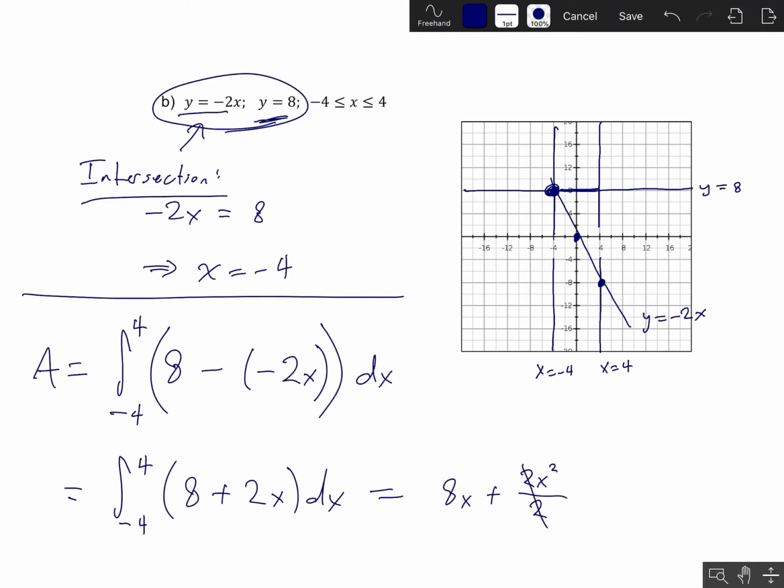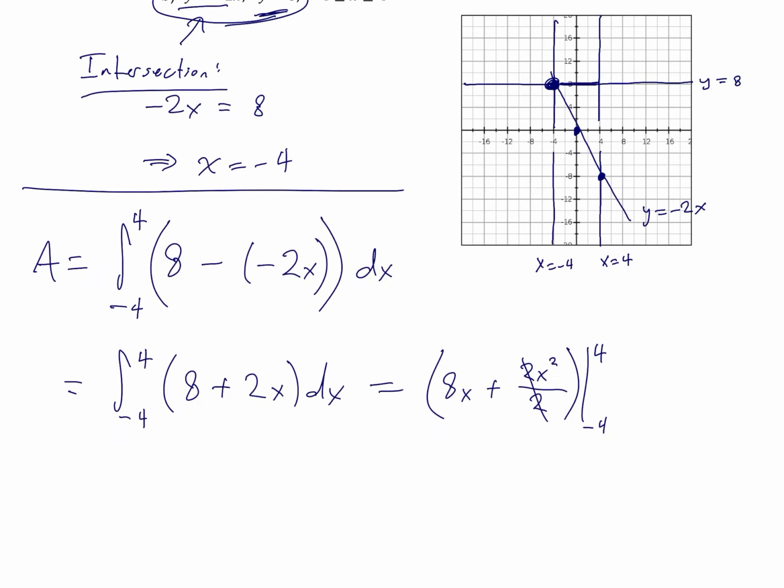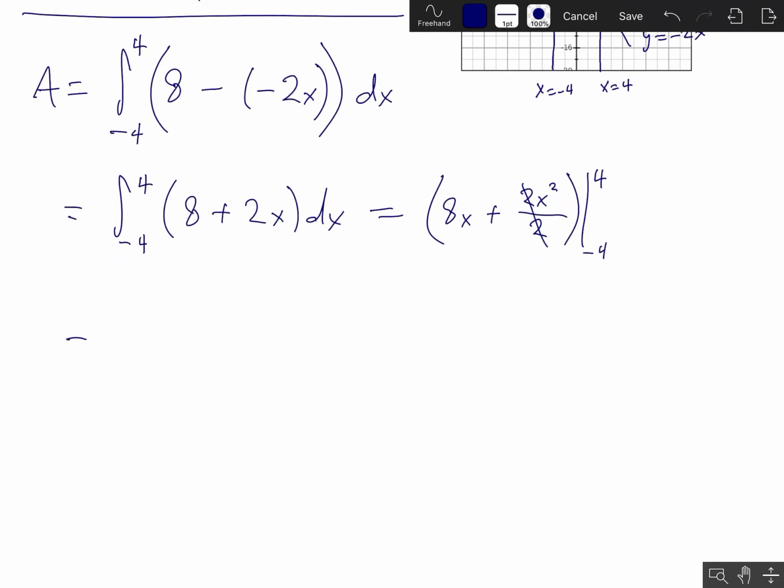Or you can just remember that the antiderivative of 2x is x squared. So either way, what we should get is this antiderivative, and we're still evaluating from -4 to 4. So I want to evaluate that, and just to clean things up a little bit, I'll rewrite this. So that's 8x plus x squared, and we're evaluating this from -4 to 4.